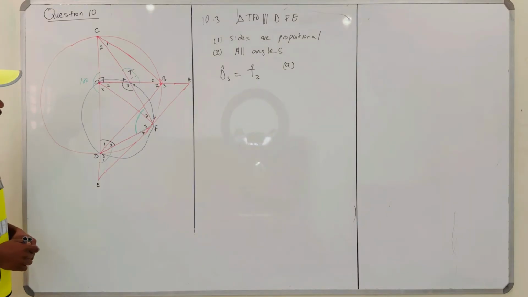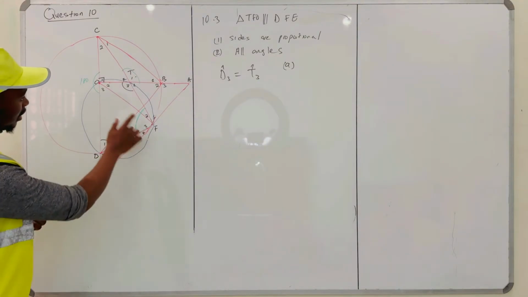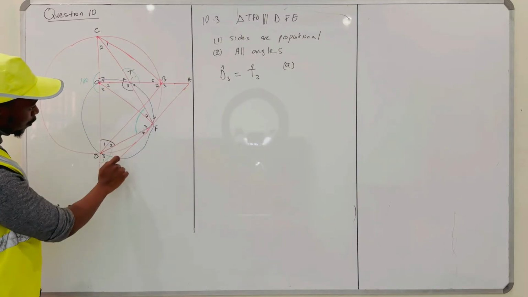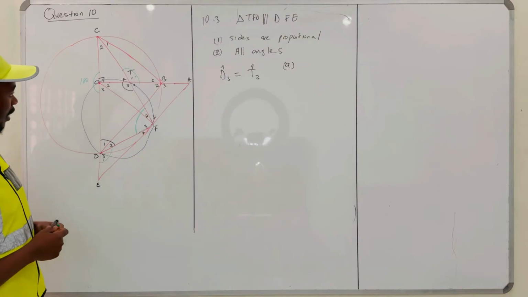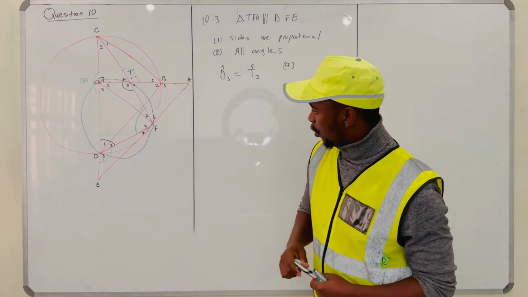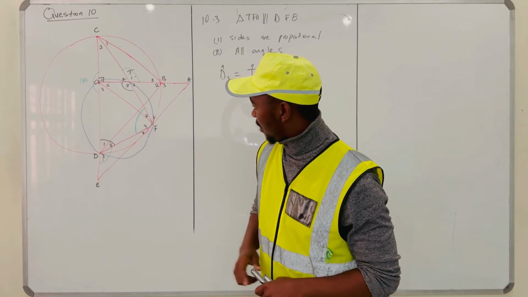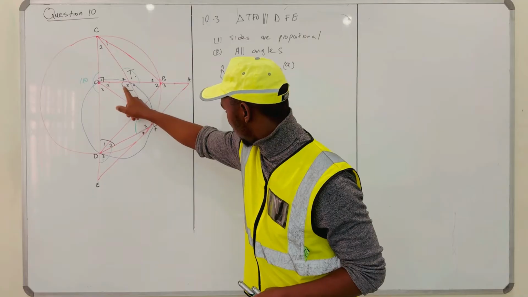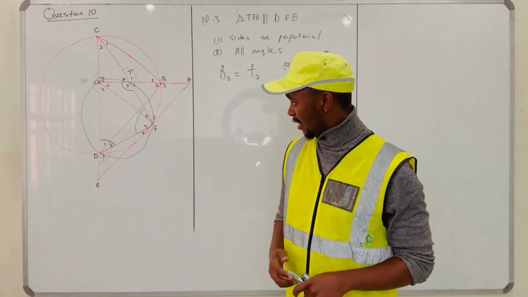So we now need to prove that one of these angles here, let's say O2 or F2, is equal to the other angles that are in DFE. How do you go about proving that? We can go for angle E. How would we try and prove angle E is one of these angles here? Is there any special thing about that angle E?